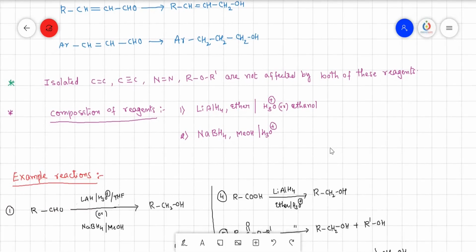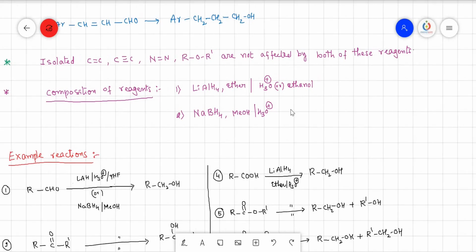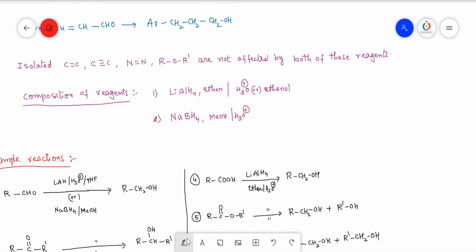Now, what type of composition do we have to use in the case of the reagents? The composition of the reagents is lithium aluminum hydride dissolved in ether and later protonated with H2O or methanol or ethanol, whatever it may be. Lithium aluminum hydride is soluble in ether, and we should not use polar protic solvents.